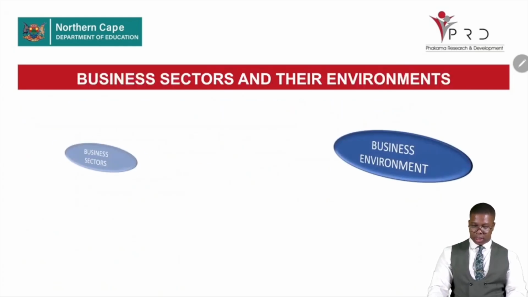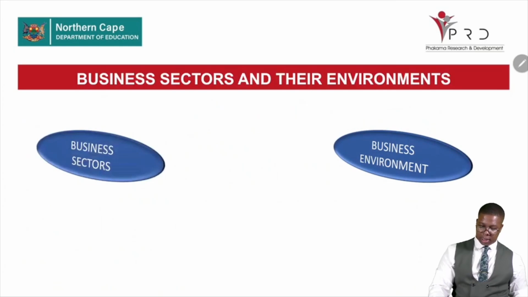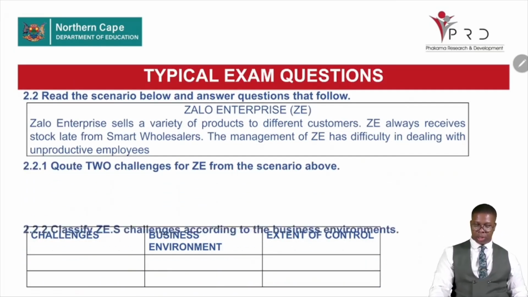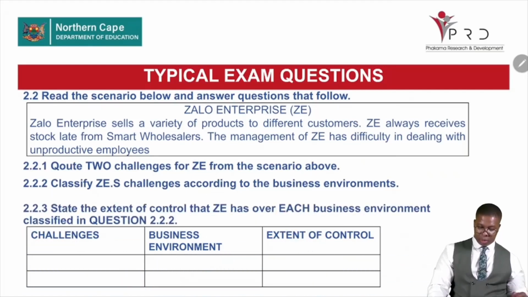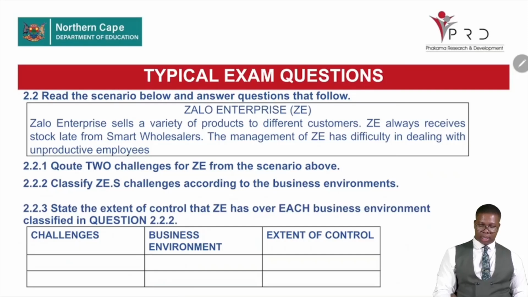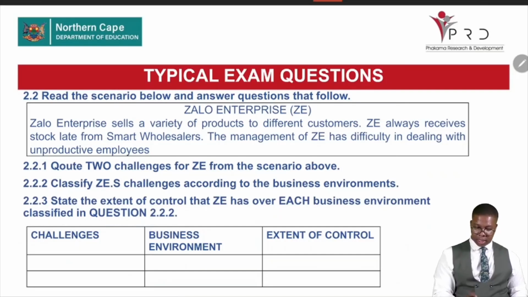And then the last part is to look into business sectors and their environments. Here you will always have a typical 9-mark question, which will be a scenario as well. For instance, we have Zalo Enterprise. Zalo Enterprise sells what? Zalo Enterprise sells a variety of products to different customers.